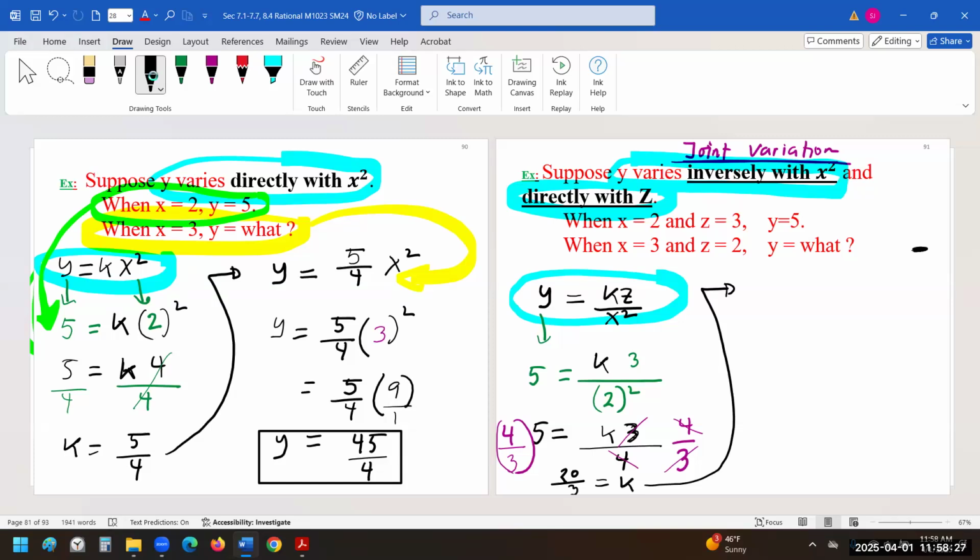What is our next step? We rewrite. So y equals, instead of kz over x squared, we write 20 over 3, z over x squared.